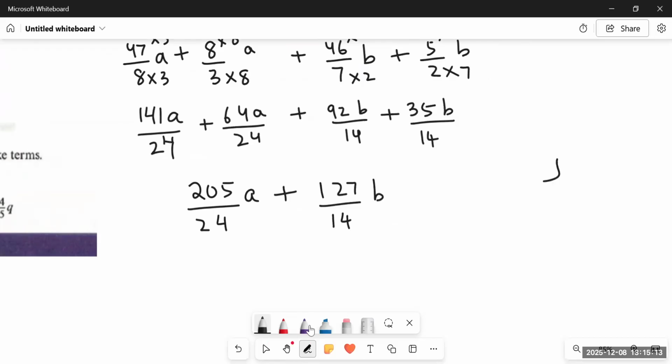Now what we will do next, we will divide 205 by 24. 24 tens are 240. So 24 into 9 is 216 and 24 into 8 is equal to 192.